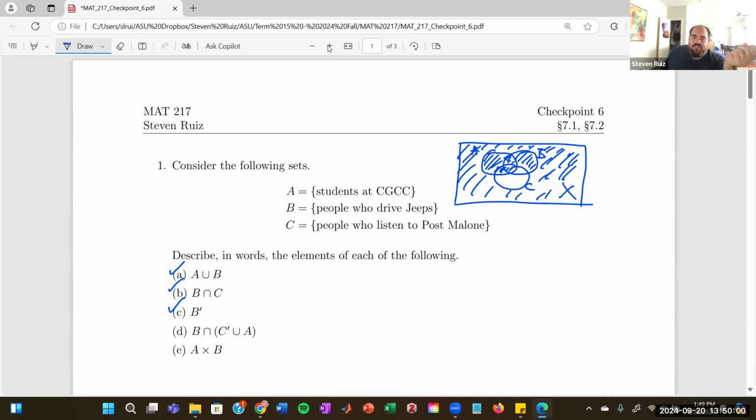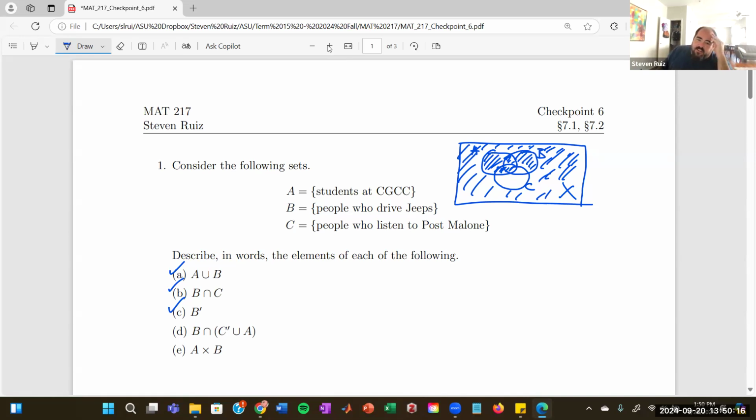So, or Jeep drivers, I was going to say Jeep drivers who don't listen to Post Malone, but that's not even accurate because I have this region in the middle where they all intersect is included.